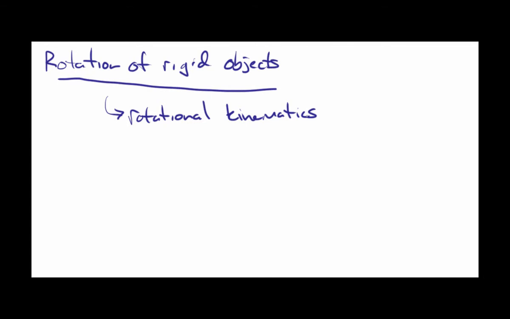Now, I've already told you the equations of rotational kinematics are very, very similar to the equations that you saw for linear kinematics. The only thing we have to do is really introduce a new set of variables. All right, so we're going to start off doing that today, talking about the quantities, the rotational analogs to linear and translational quantities. But before we do that, I want to make one little note.